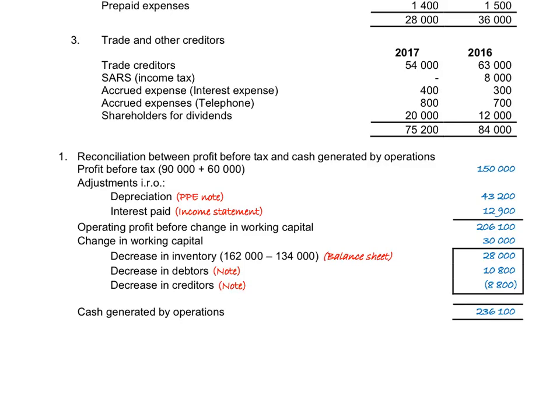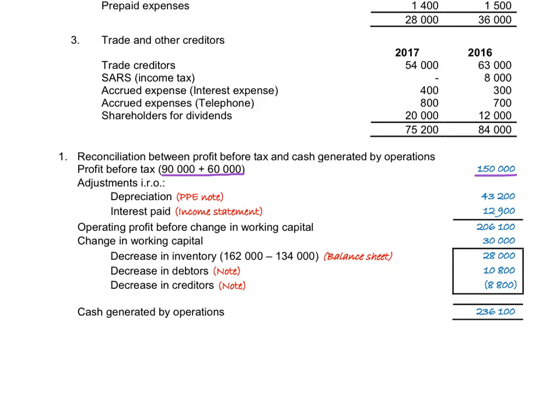So in the note for reconciliation between profit and tax generated by operations, we will take the profit after tax, add the tax to it, and that will give me the total of 150,000. For depreciation, they gave me the depreciation in the note and they gave me the interest.